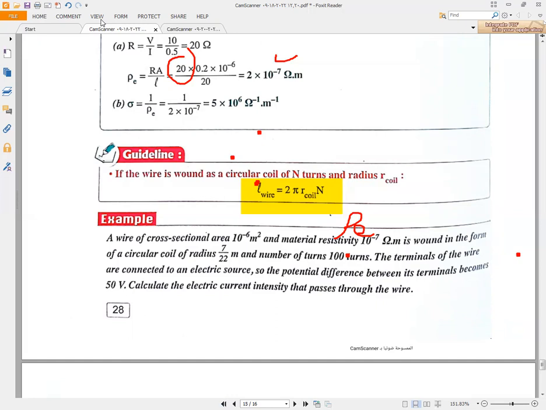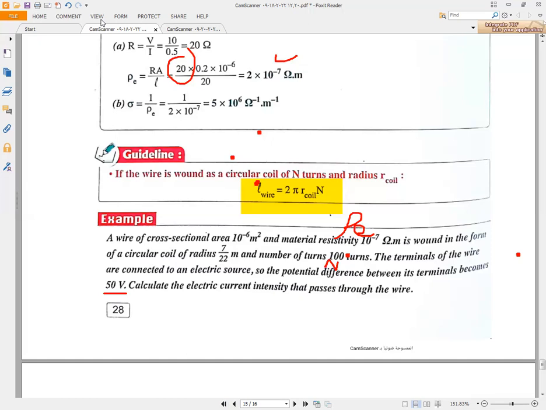The number of turns is N. The terminals of the wire are connected to an electric source, so the potential difference between its terminals becomes 50 volt. Calculate the electric current intensity passing through the wire.